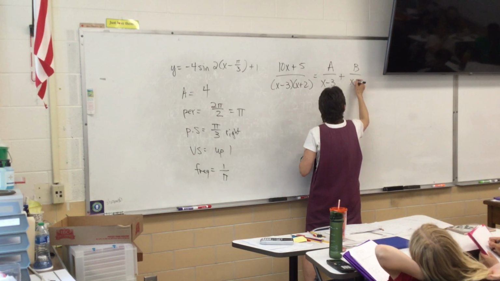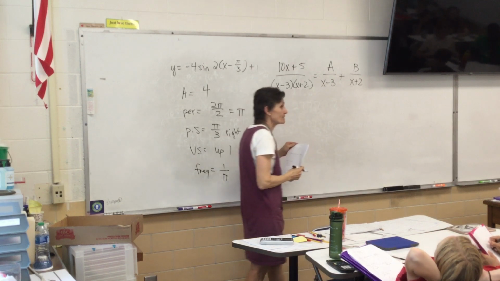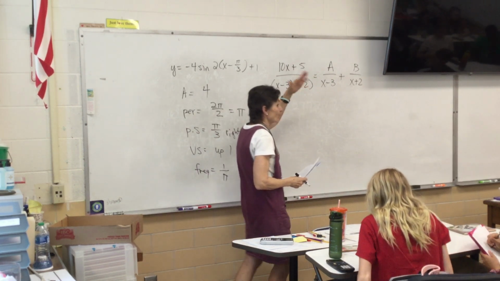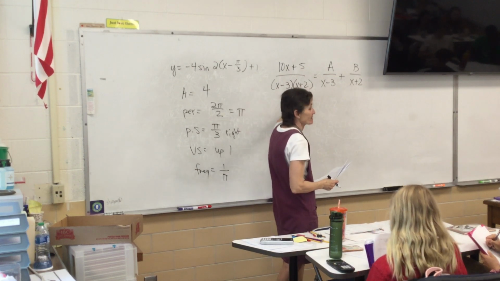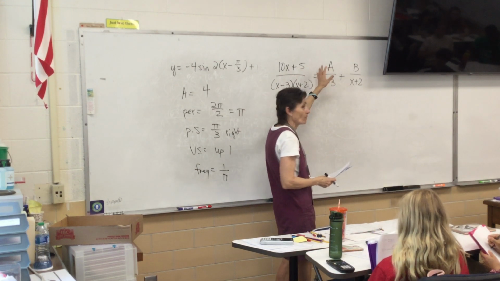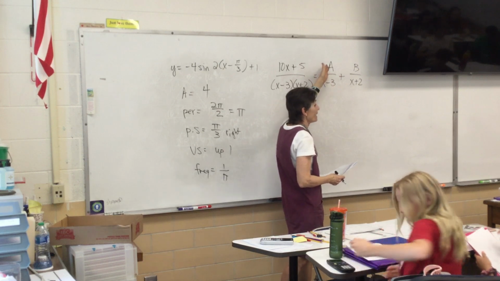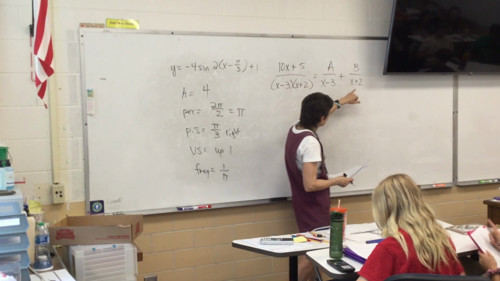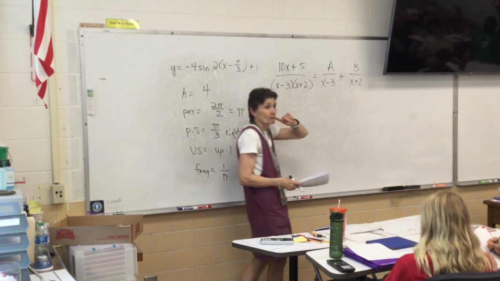Yep. But when you factor your denominator, then you're going to write a fraction for each piece. We don't know what the numerators are, so they're called A and B. And then one denominator is x minus 3 and the other one's x plus 2.